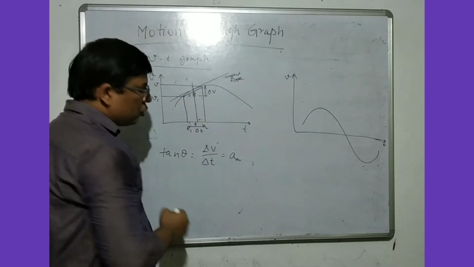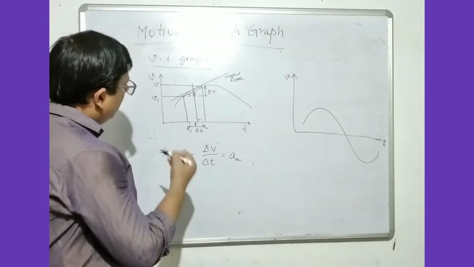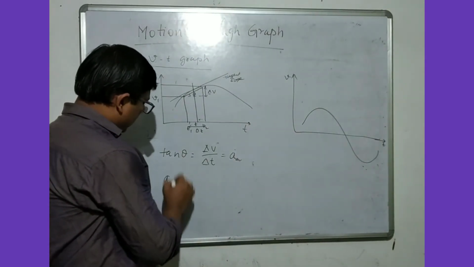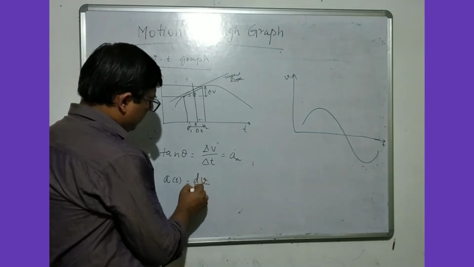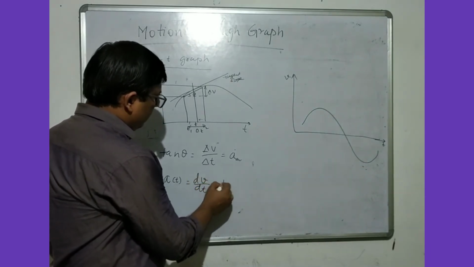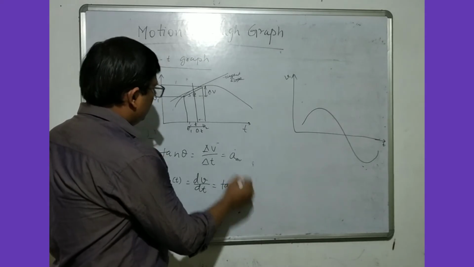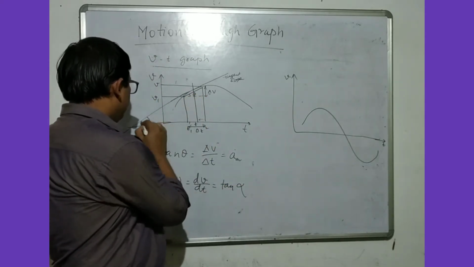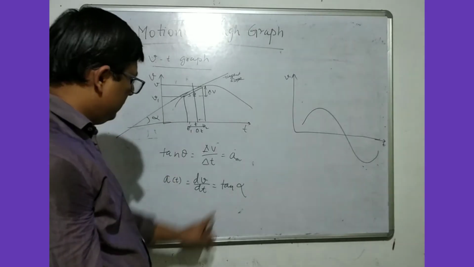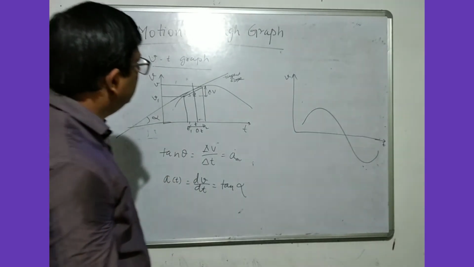So the slope of the curve at some time t, that is the rate of change of velocity, is given by the angle made by the tangent. This is the slope of the tangent.